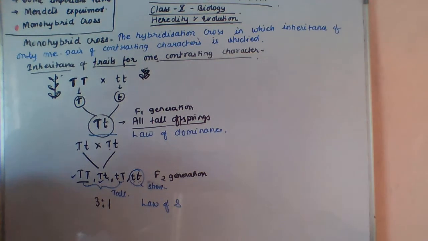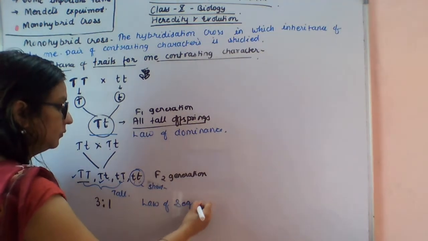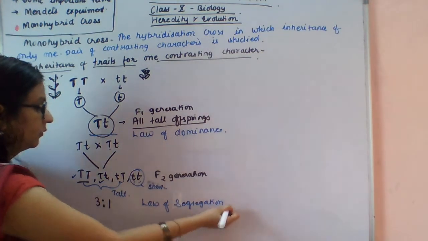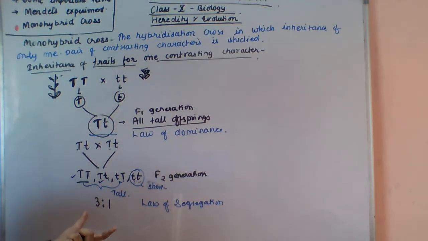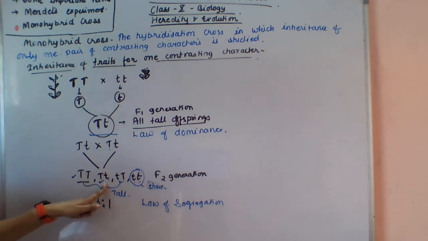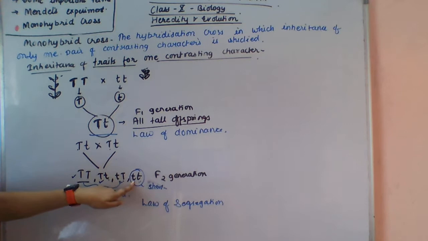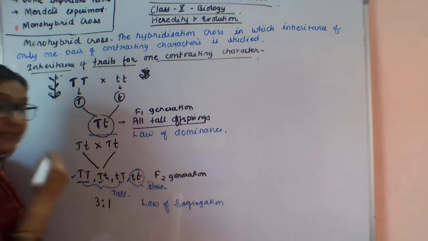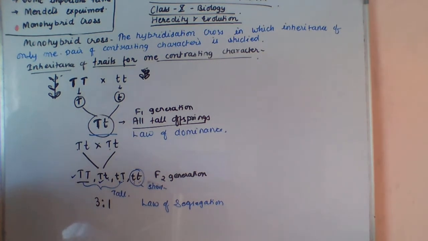Law of segregation means the characters get segregated. Capital T capital T, capital T small t are phenotypically tall plants, whereas small t small t is a short plant. So a single capital T is enough to show the dominant character, and small t small t is there to show the recessive trait.